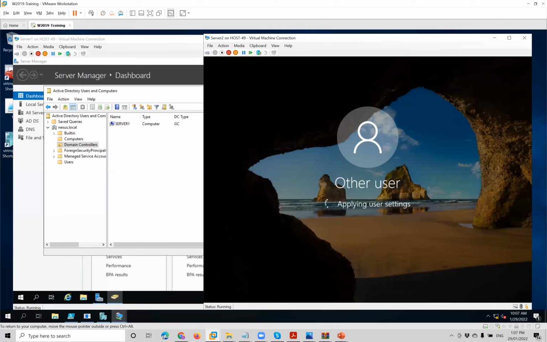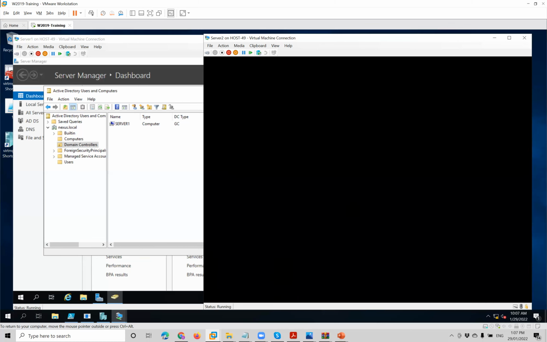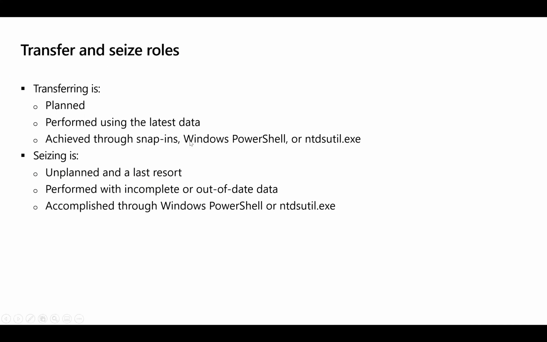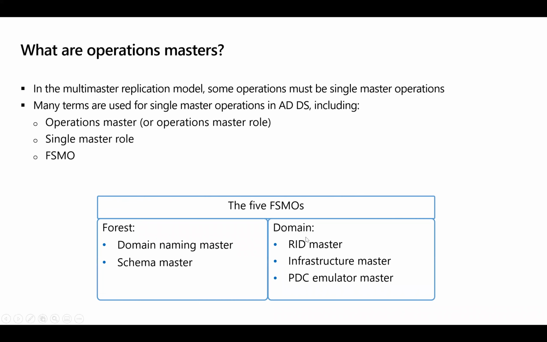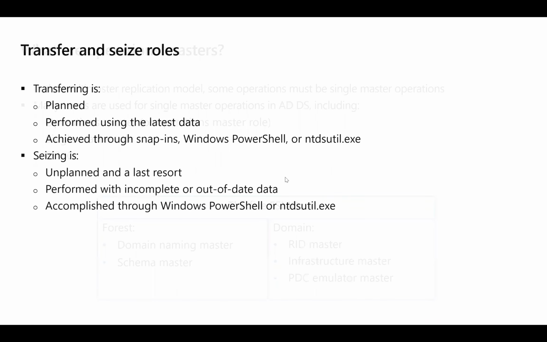Global, you have permission in a domain as well to add computers. While doing a post-installation task, later on we're gonna transfer one role, let's say RID master, to another DC. And we will remove that one from Server 1 to Server 2.